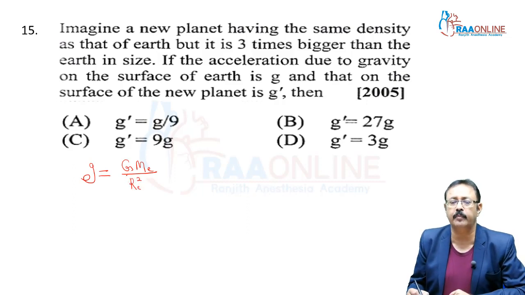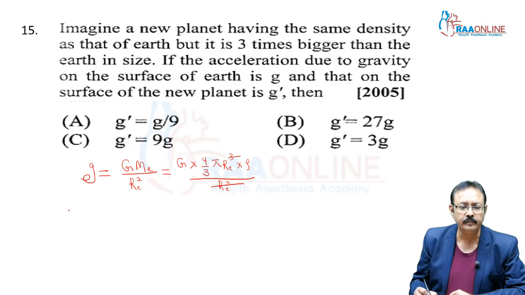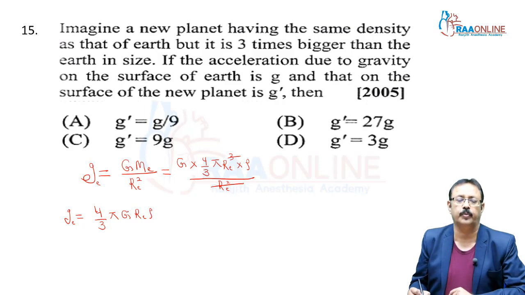But they are talking about density, so change in terms of density. Again mass is 4 upon 3 pi r cube, volume into density, upon Re square. So the formula of gravitation in terms of density is 4 by 3 pi g Re into rho.